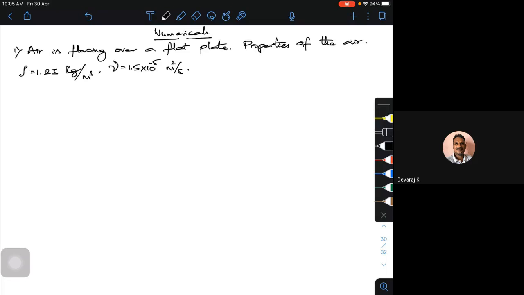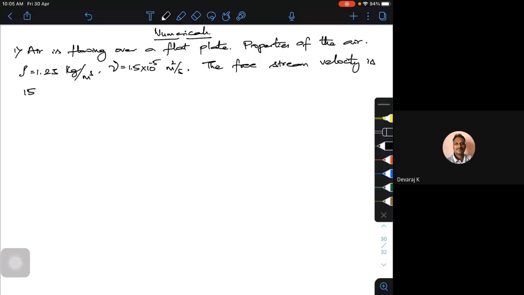Okay, the speed with which the air is flowing, that is the free stream velocity, is 15 meters per second.